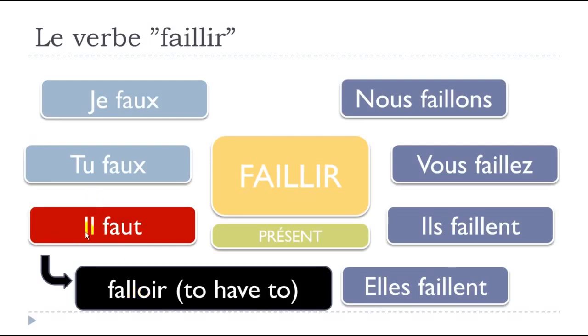But it's quite interesting because it is exactly the same form. When you encounter il faut in a text, in most cases it will be connected to falloir, okay? But keep that in mind. It might be connected with faillir, even if we don't use the present form that often, okay?